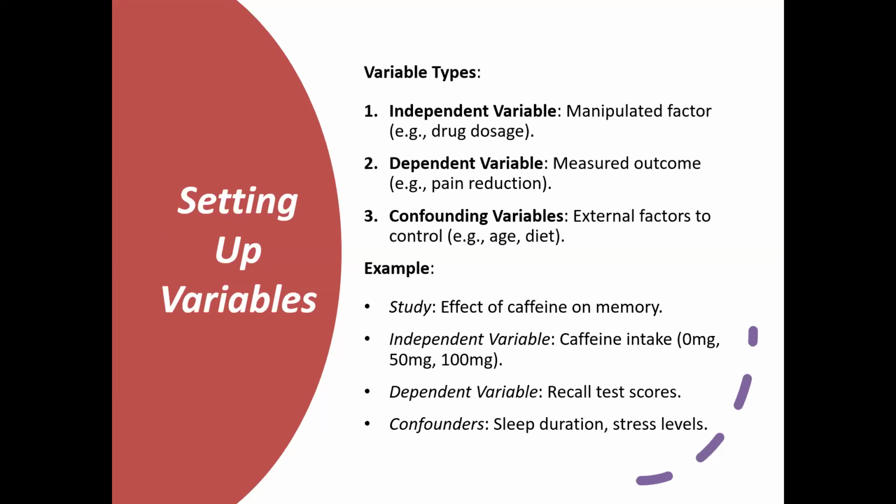For example, the independent variable is drug dosage, the dependent variable is the measured outcome, for example pain reduction. And then confounding variables are external factors to control, for example age, diet, etc.